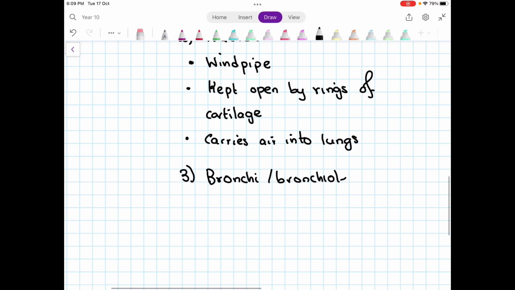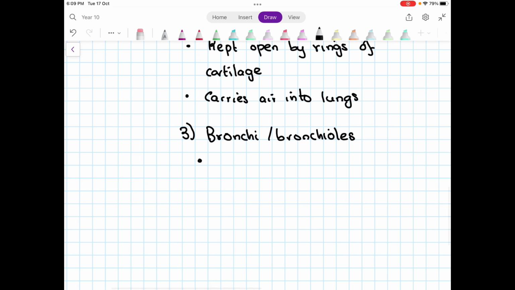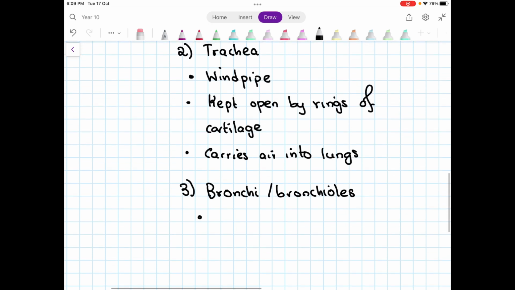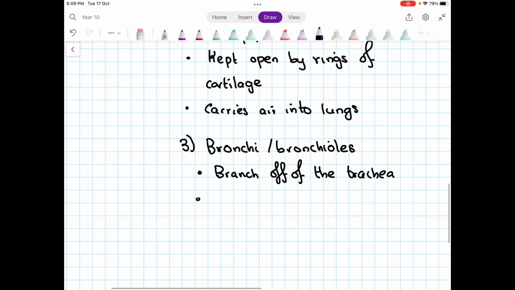We also have structures called bronchi or bronchioles. And they are tubes which branch from the trachea, and they help carry air even deeper into the lungs.